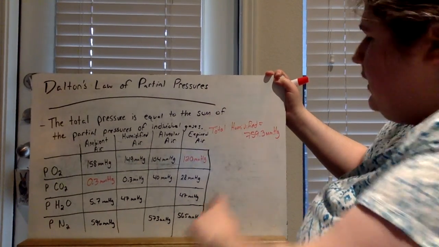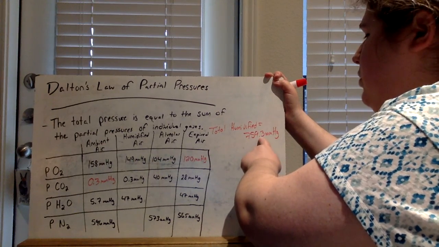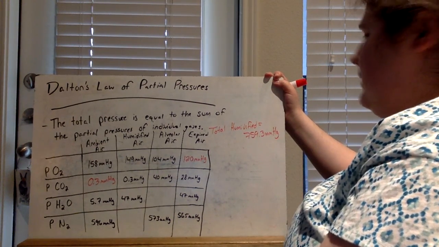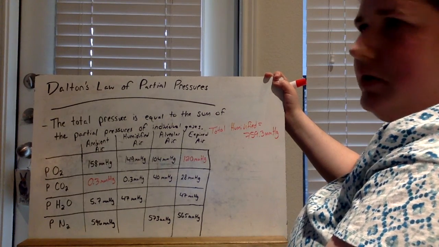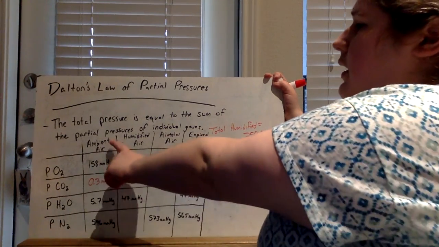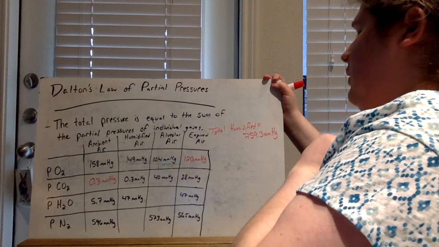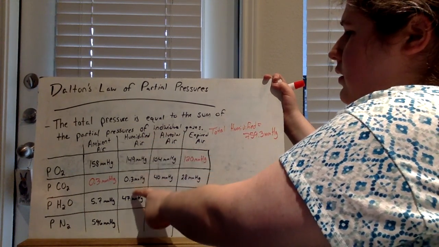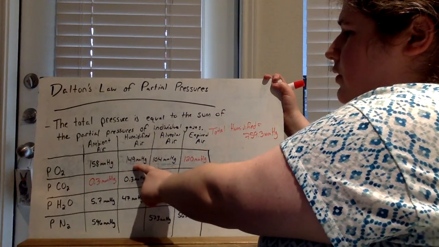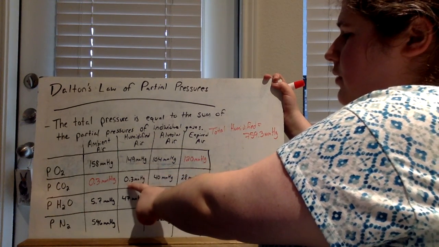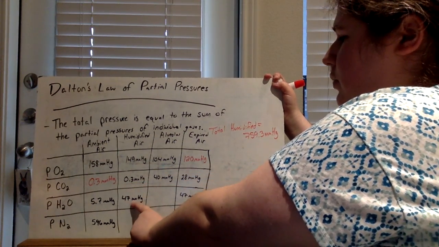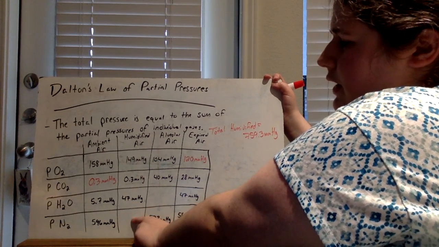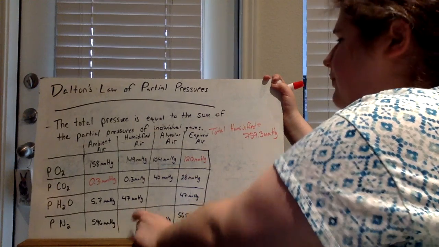Okay, so that is my total pressure for humidified air. So it's slightly less pressure than what we saw with ambient or expired air. So let's find our humidified air right here. So I can see the partial pressure of oxygen is 149, carbon dioxide is 0.3, water is 47. I don't know my nitrogen value. We're going to find nitrogen.